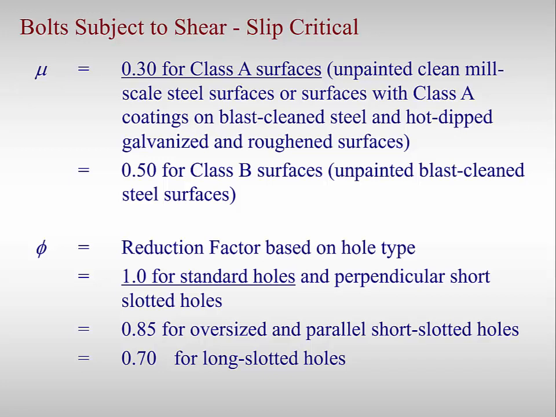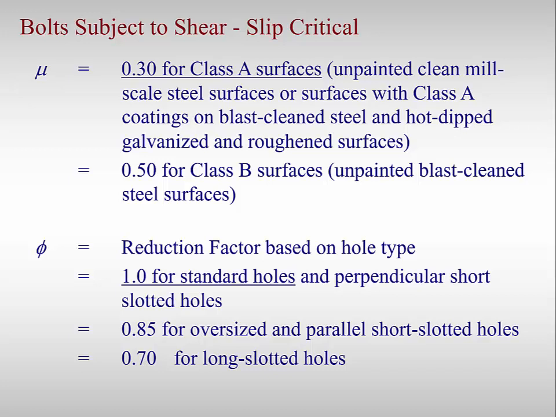To account for the type of hole, a varying reduction factor is used. The hole type affects the slip critical shear strength since the faying surface, and that's where the friction develops, is reduced by the amount of the surface area removed by the hole.